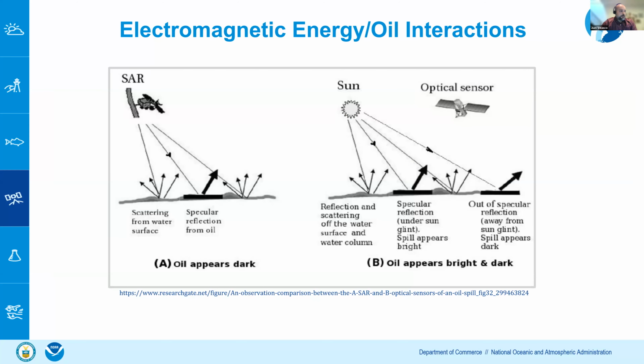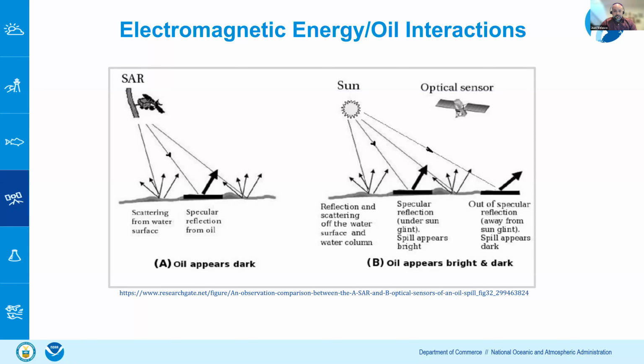The attenuation of surface waves by oil slicks causes specular reflection. When a SAR sensor sends energy pulses to the ocean surface, as seen in A, the oil surface reflects the pulses away from the sensor, making the affected area appear dark since the energy did not get reflected back to the sensor for recording.